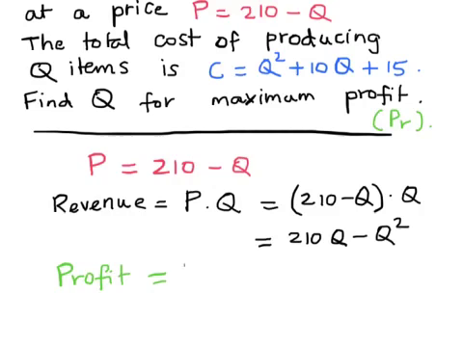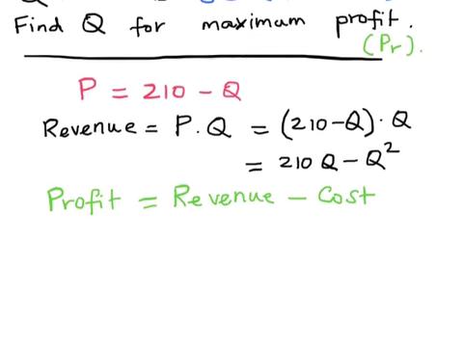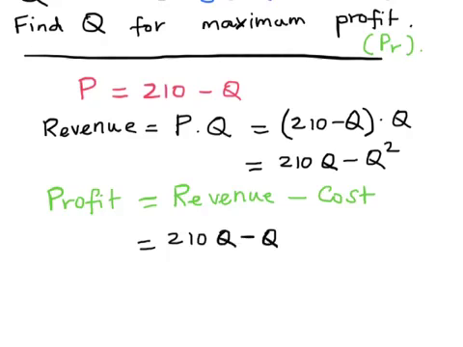So profit will be revenue minus the cost. Let's go ahead and plug them. So the profit would be revenue, which is 210Q minus Q square, and subtract the cost.